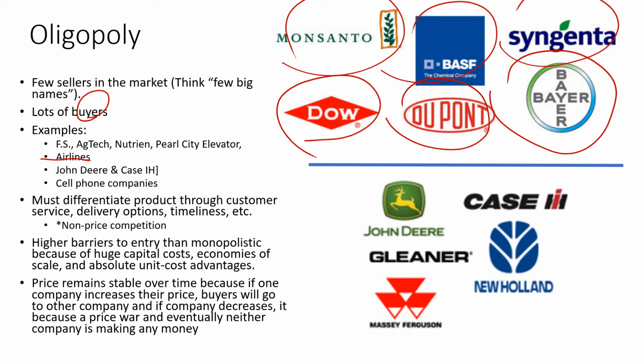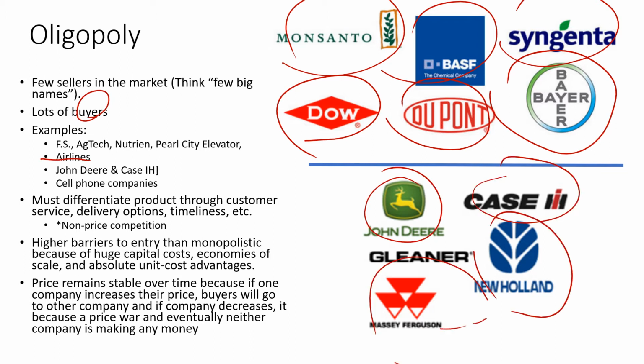Okay, so a few big sellers and still lots of buyers. Another example would be people who sell agricultural equipment. So New Holland, Case International, John Deere, few big names that sell a similar product. Cell phone companies are another one. We have AT&T, we have US Cellular, we have Verizon, we have Sprint, but you can't think of too many more cell phone companies. So these are all selling essentially a very similar product.